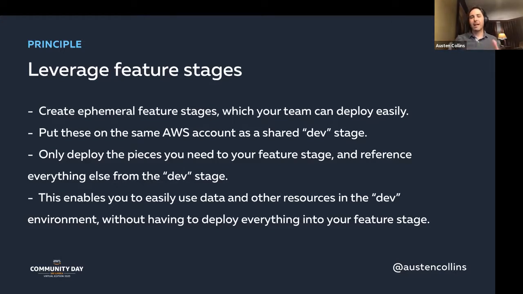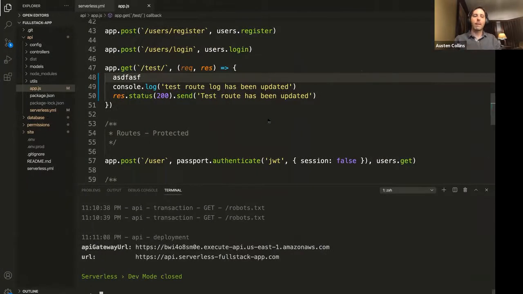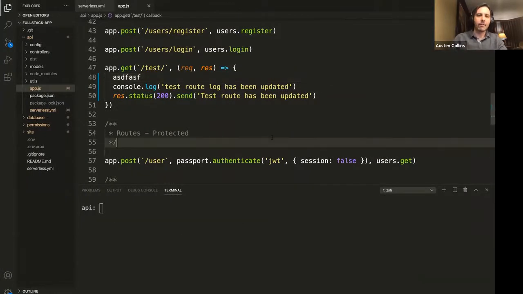And this is because everything that I've shown off here, service-oriented architecture, maintaining separation of concerns, separating your infrastructure that you don't deploy frequently from your code that you deploy frequently, is creating this great experience where developers can just deploy a part of that into a feature stage and reference everything else. And to make that real, I'll go ahead and show you kind of how easy that is and how we're thinking about making that easier than ever.